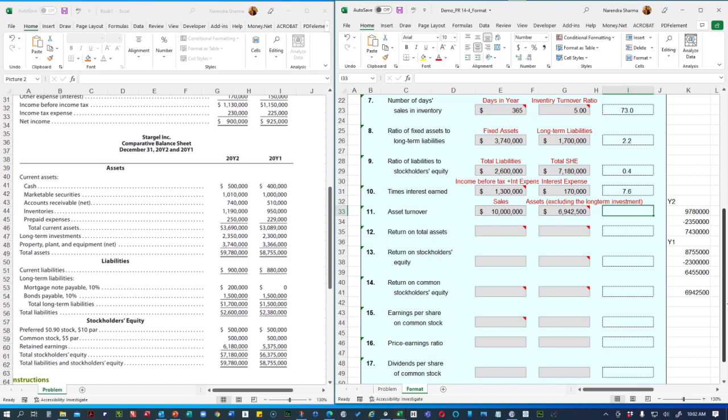So this one will be, okay, 1.4. So now of course there is no rule of thumb for asset turnover, but basically we want it to be more than 1 to be comfortable. Basically what we are trying to do is we are trying to see if we have purchased some assets and is it converting into sales or not.